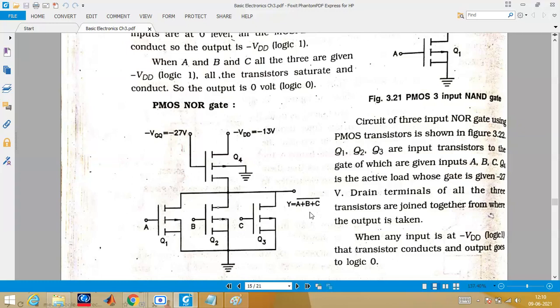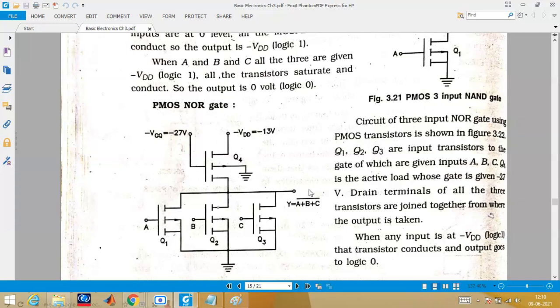Is that point clear to everyone? See how we are doing. Whenever any one is on or all the three are on or any two is on, then this will be short circuit. So this will directly come to the ground and your result will be 0. When all these three are 0, that means this is ground, this is ground, this is ground, this will be open circuit, this will also be open circuit, this line will be open circuit, and hence there is no chance that this value can flow from here to the ground.